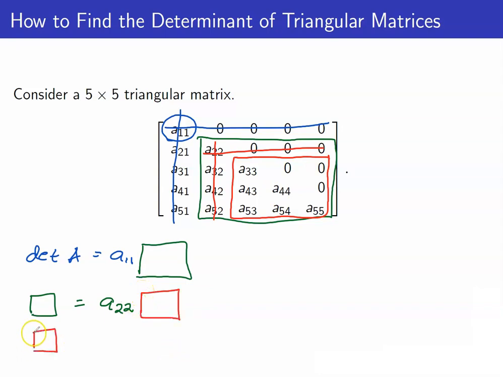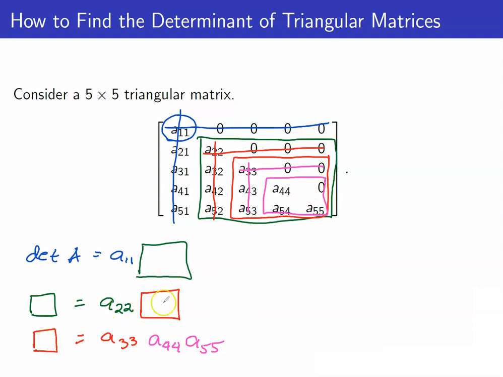And then for red, again, I will use the first row of this, so it's A33 times, remove this, I will end up with pink. And that is A44. This is just 2 by 2, so that's A44, A55, minus 0, correct? Let us plug that in.